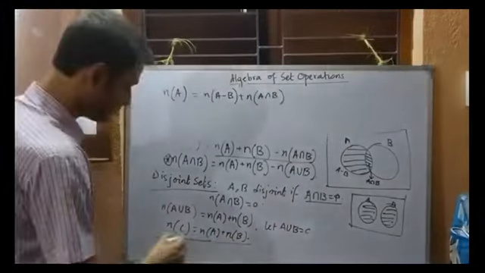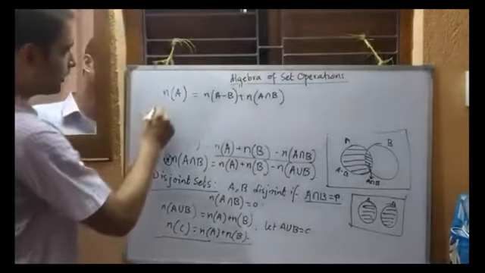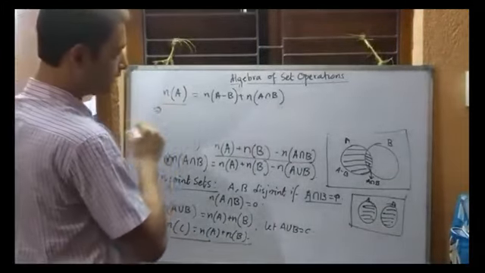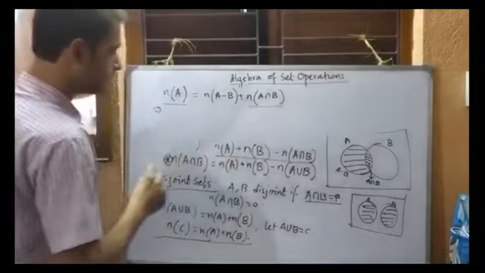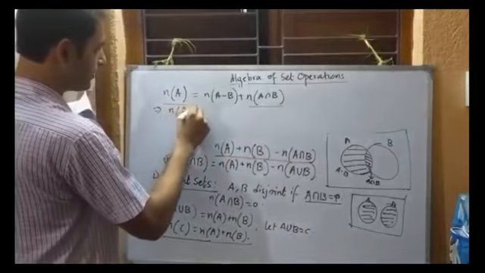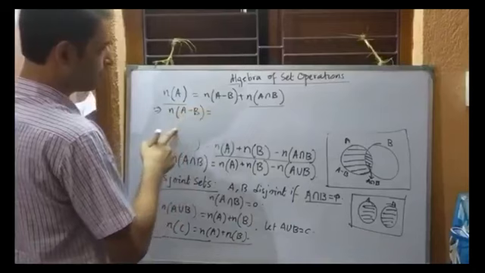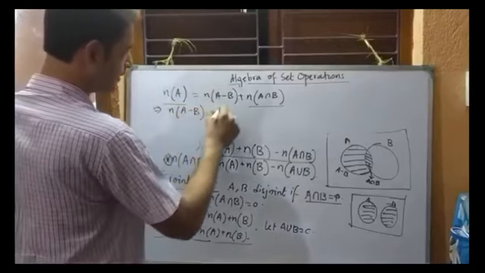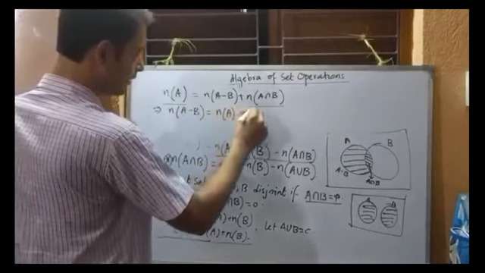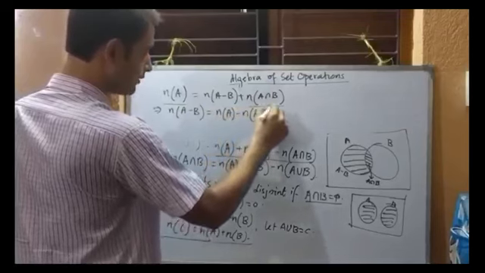So from here, since the number of elements in A and A intersection B are given, we can find the number of elements in A difference B as n of A minus n of A intersection B.